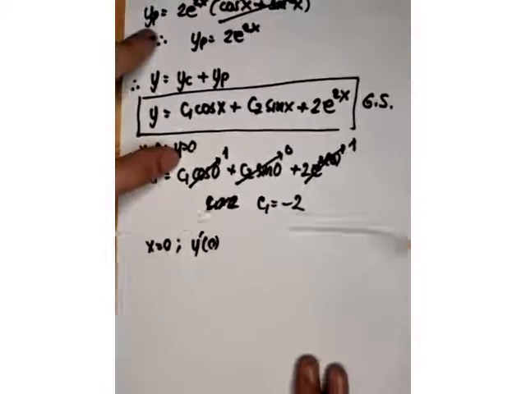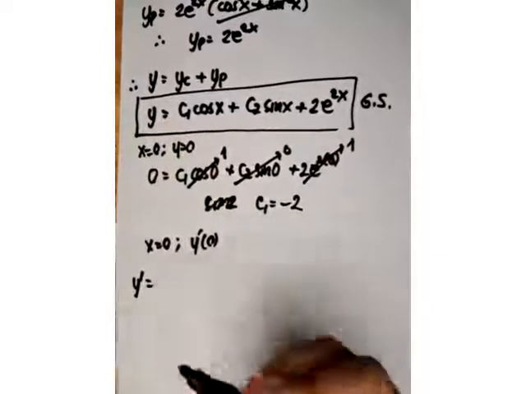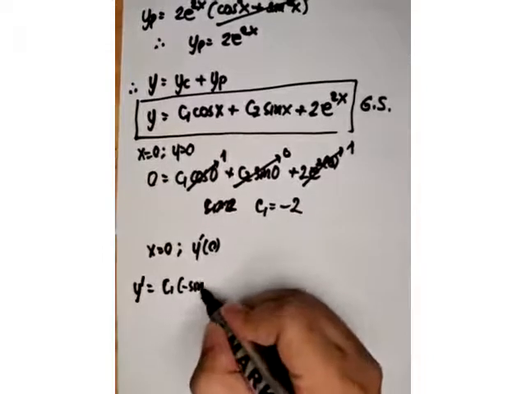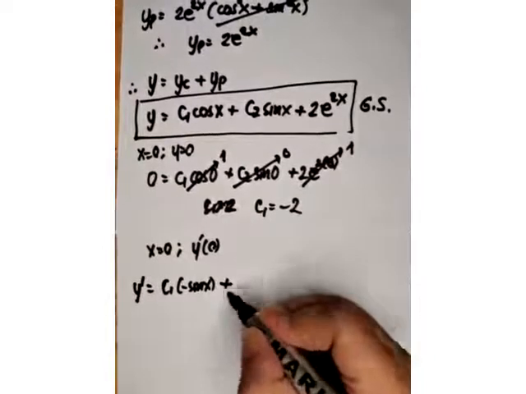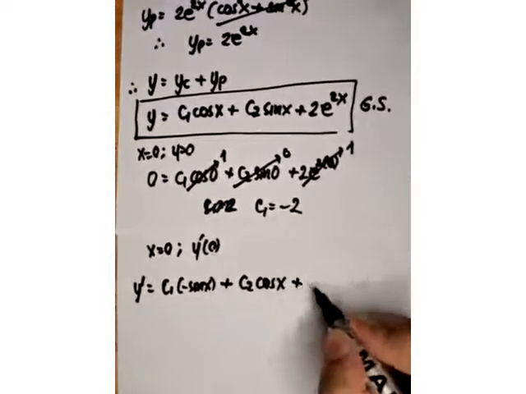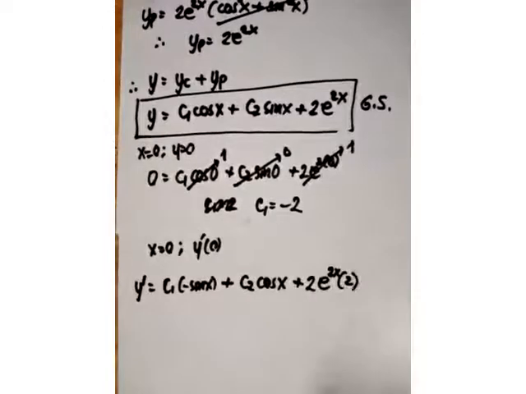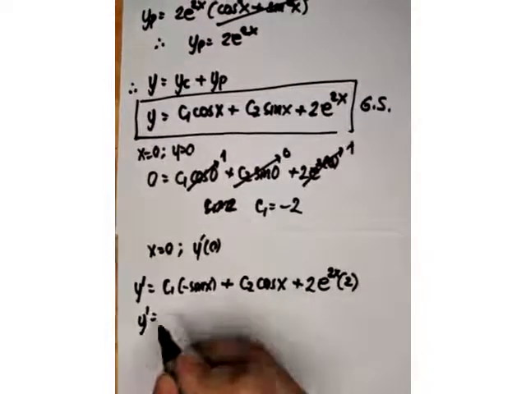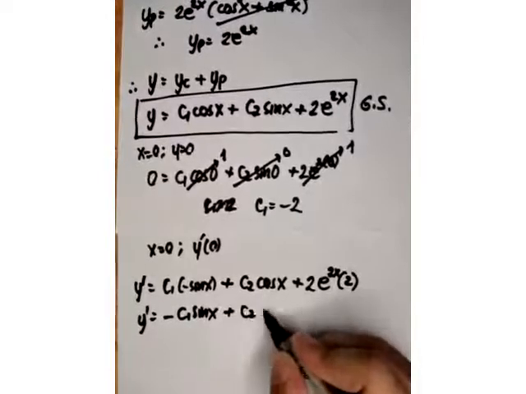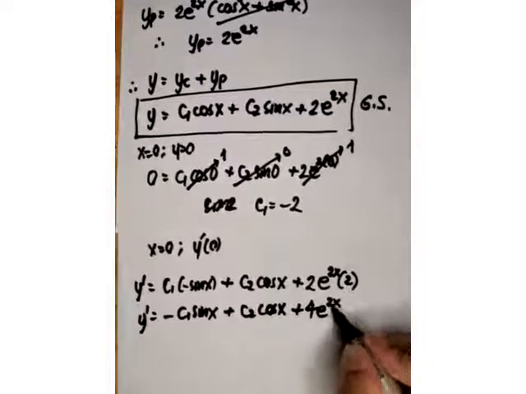So, ang gagawin natin ay kailangan natin i-derive ito. So, y prime is equal to c1 negative sine x plus c2 cosine x plus 2e raised to 2x times 2. Or y prime is negative c1 sine x plus c2 cosine x plus 4e raised to 2x.